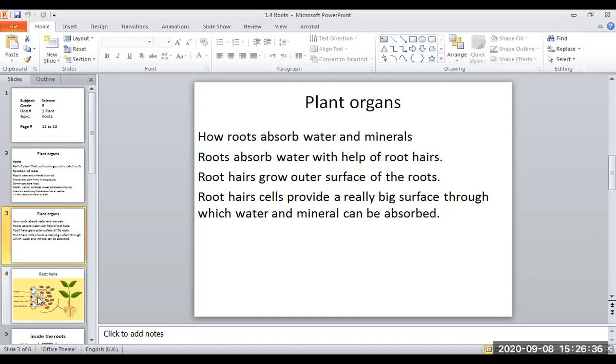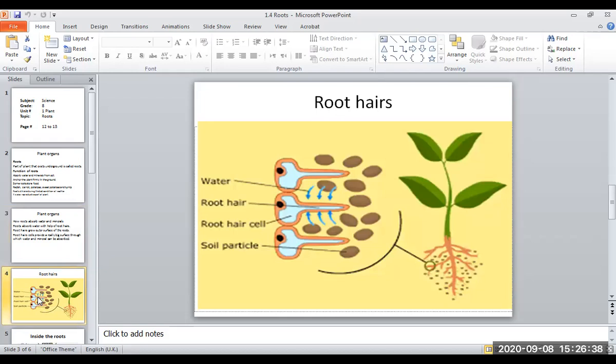Okay. Now here you can see a microscopic view of the root hairs. For example, this is a sand particle or soil particle, and between them is water, and this root hair soaks up or absorbs the water from the soil, and then the water comes here, and this is a big surface. Because of this, the roots can store more water within a short time.